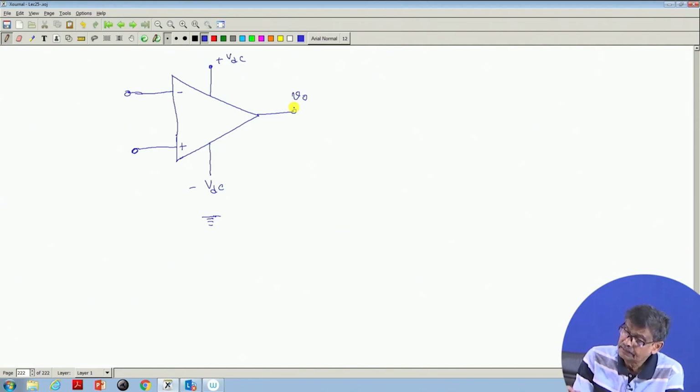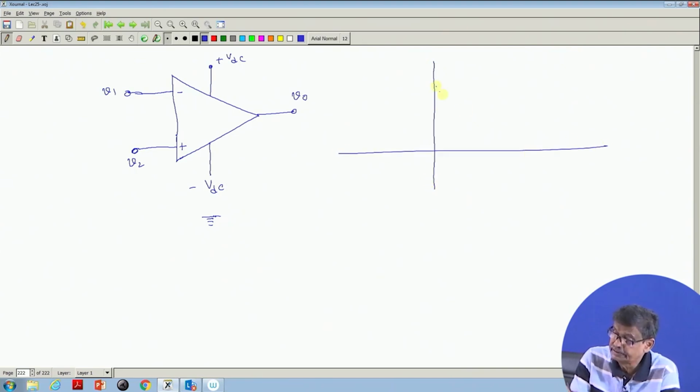Now, suppose this voltage I call V 2 and this voltage I call V 1 with respect to this ground, and I want to sketch the output voltage V 0 against the difference of these two voltages, V 2 minus V 1, to see how this output voltage changes.